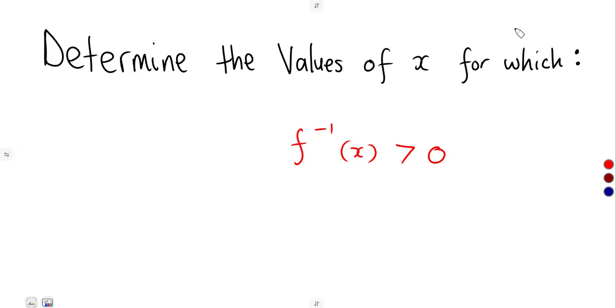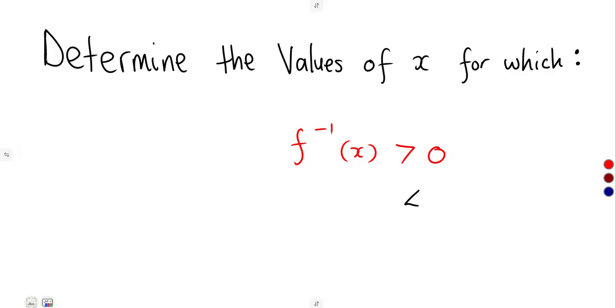So in this case, we are going to consider the condition of the inverse of a given function, where it can be greater than zero, less than zero, greater than or equal to, or less than or equal to zero.